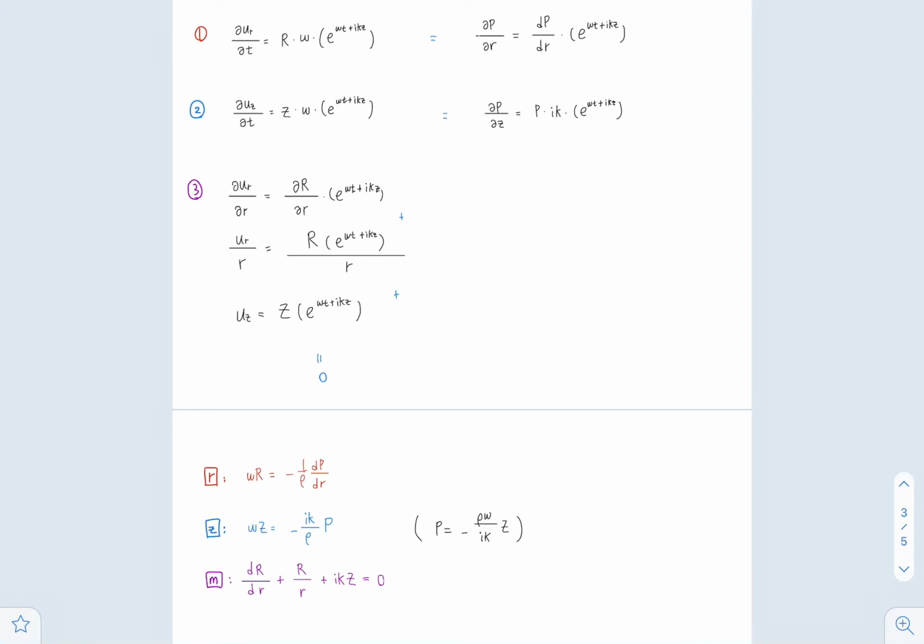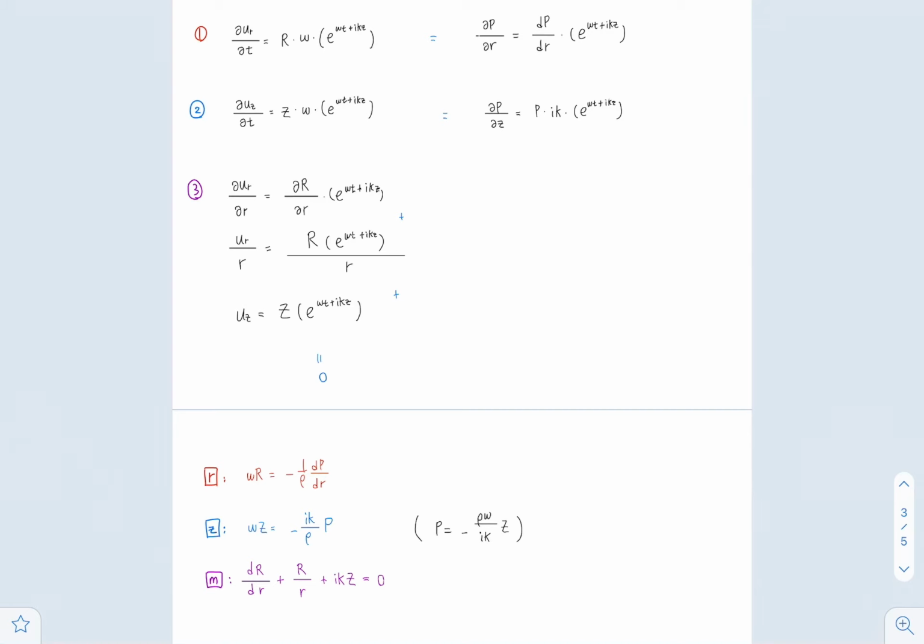And we can rewrite this by saying that p is minus rho omega over ik times z, which is going to be the key part of solving this equation. And m, our continuity equation, reduces into dr over r times ikz equals 0.